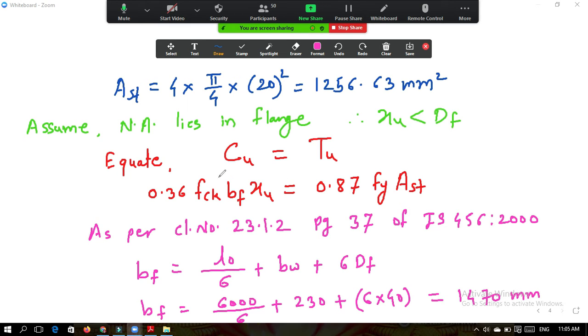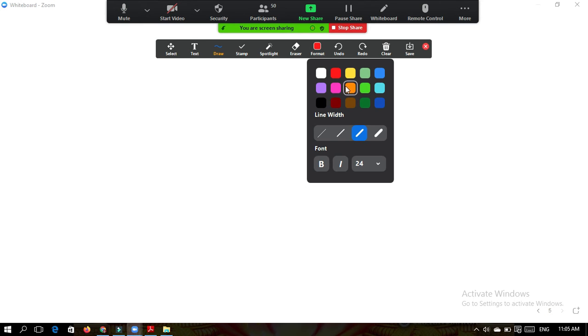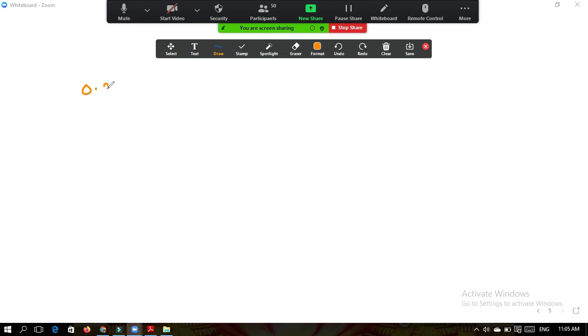Now put this value of bf here in this equation and calculate the value of Xu. Okay. So to find out the value of Xu, 0.36 into fck is 20 into bf 1470 Xu, which is equal to 0.87 into fy. fy is Fe500, so Fe500 into Ast 1256.63.